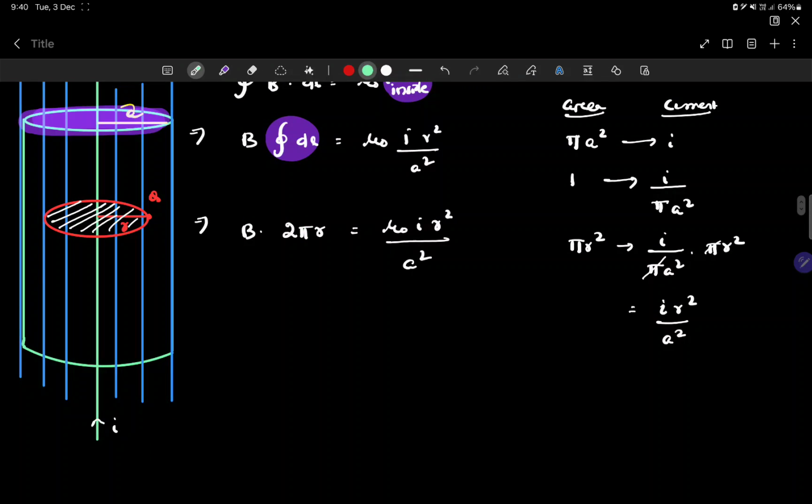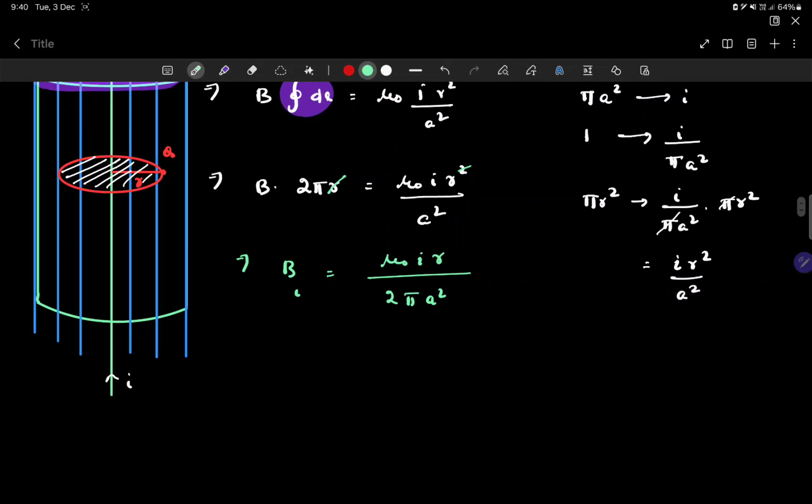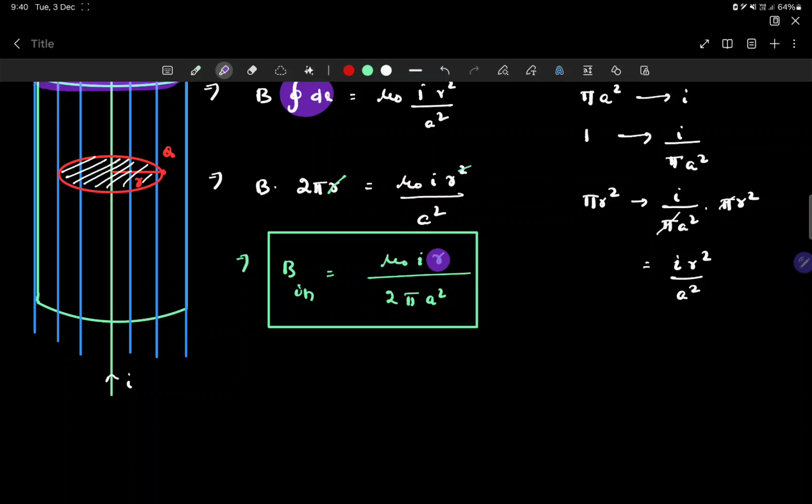Solving, we get B equals mu naught I r divided by 2 pi a square. Yes, so this is B inside. Here also you have to remember what r is. r is the distance of the point of observation from the axis of this solid cylindrical wire. And a is the radius of this solid cylindrical wire.